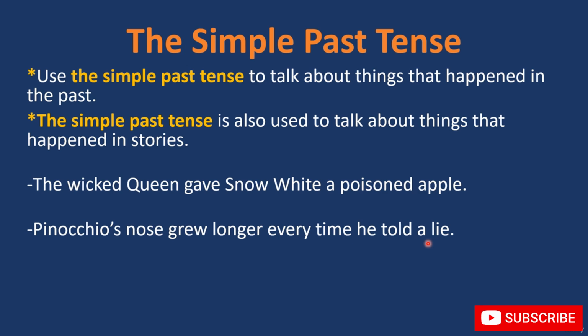This is also a story. Dinosaurs lived millions of years ago. This is something happened and finished in the past. This is fact in the past. So again, I use the past simple tense to speak about something happened in the past or when I tell a story.